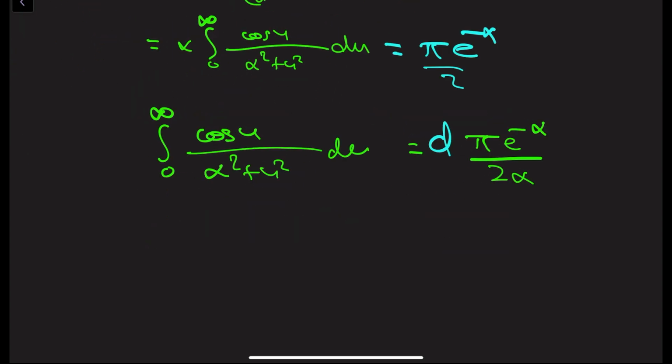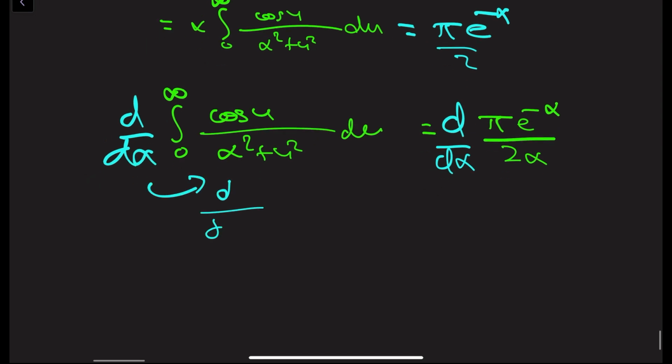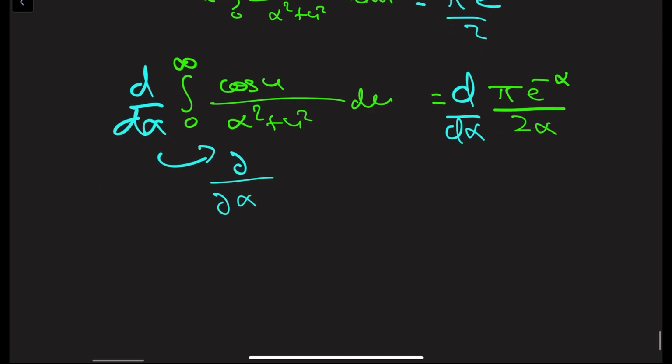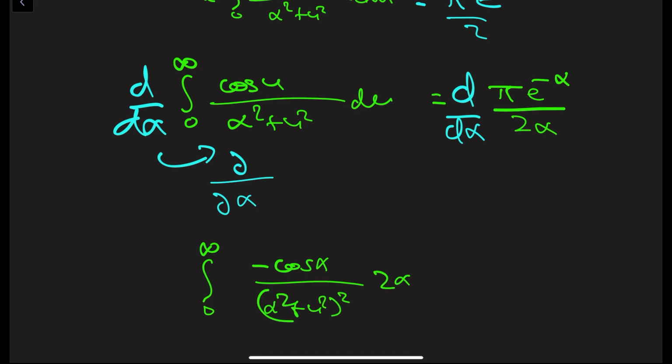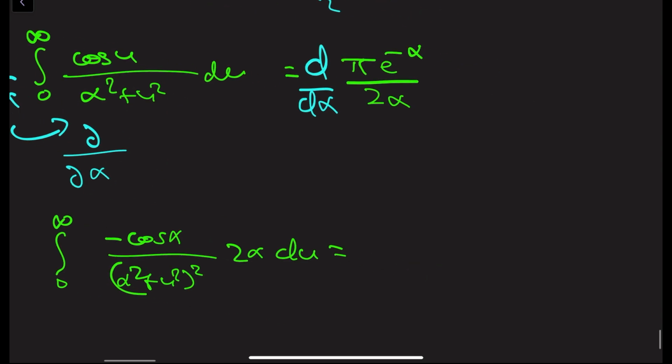Because when you differentiate 1 over something, it becomes minus 1 over that thing squared, times the chain rule, I guess. So now let's differentiate both sides of this result. And on the left, you can take this derivative inside the integral as a partial derivative, which just means alpha is the variable, u is constant with respect to the differentiation. So this would be minus 1 over this thing squared times 2 alpha because of the chain rule, right?